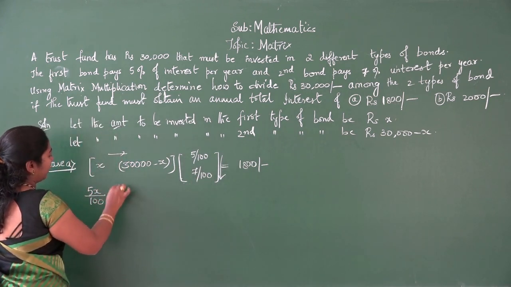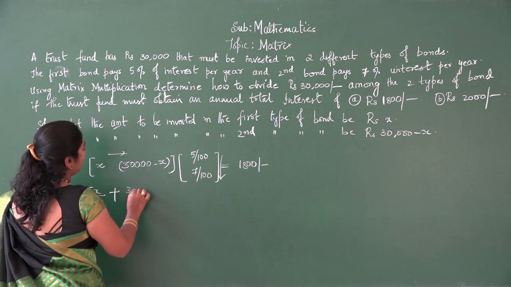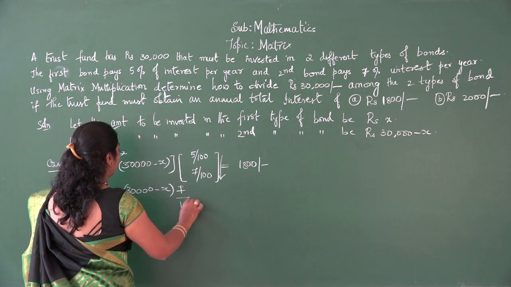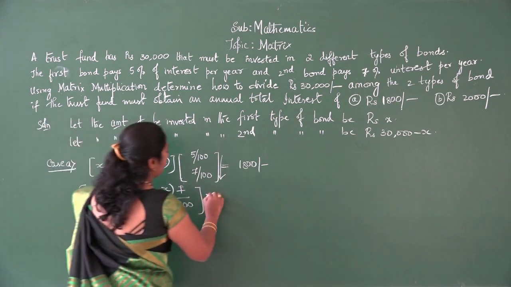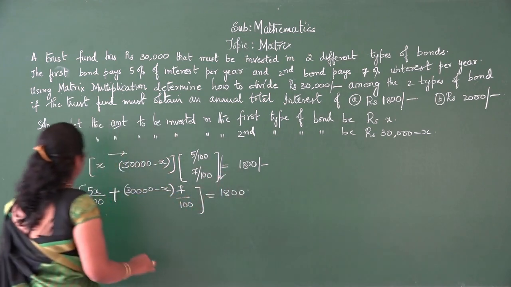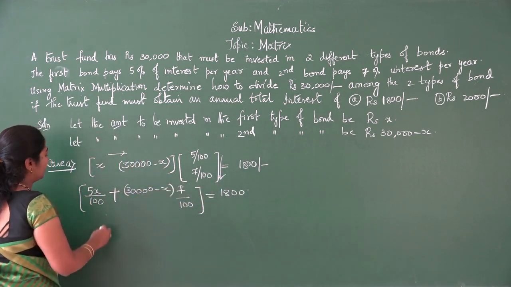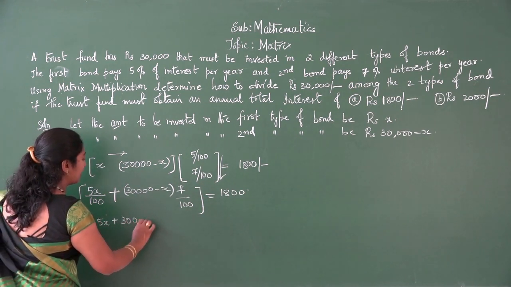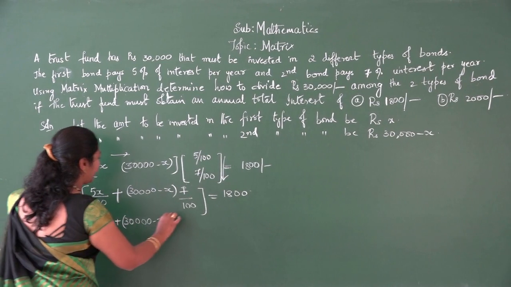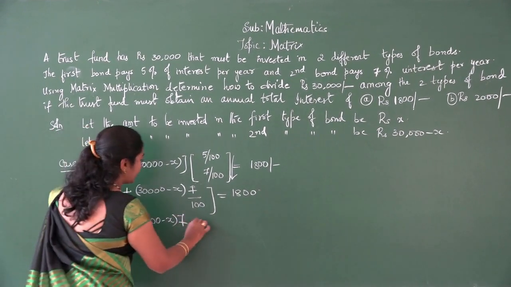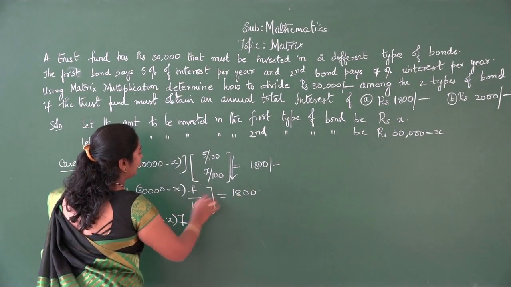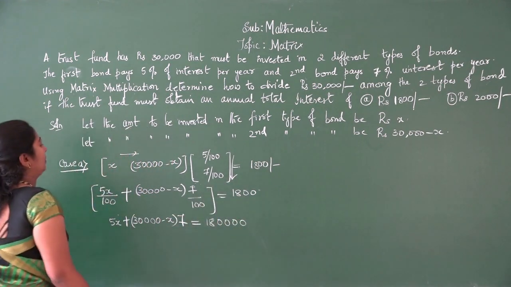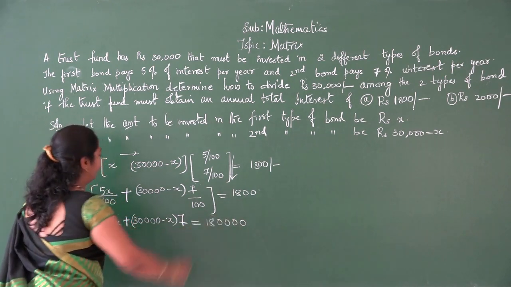So, by matrix multiplication, we have 5x divided by 100 plus 30,000 minus x into 7 divided by 100, which is equal to 1,800. Denominators are same. So, taking LCM and cross multiplying, we get 5x plus 30,000 minus x into 7, which is equal to 1,800 into 100, which will sum up to 18 followed by 4 zeros.